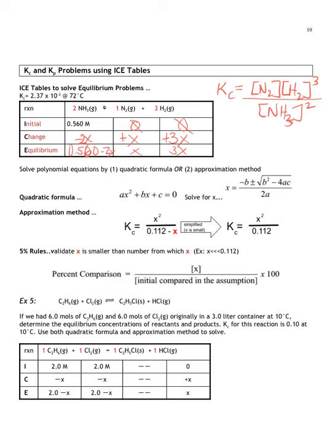So with that expression, I then just plug my numbers in. My Kc is given to me. Sorry, I was supposed to plug Kc in. It's 2.37 times 10 to the negative third. And then my nitrogen is X. My hydrogen is 3X cubed.